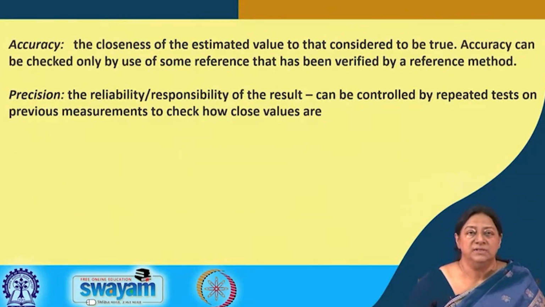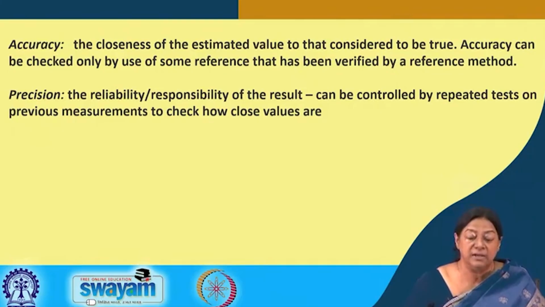So, accuracy is the closeness of this estimated value to what is considered to be true. Accuracy can be checked only if there is a certain reference value against which it can be verified.